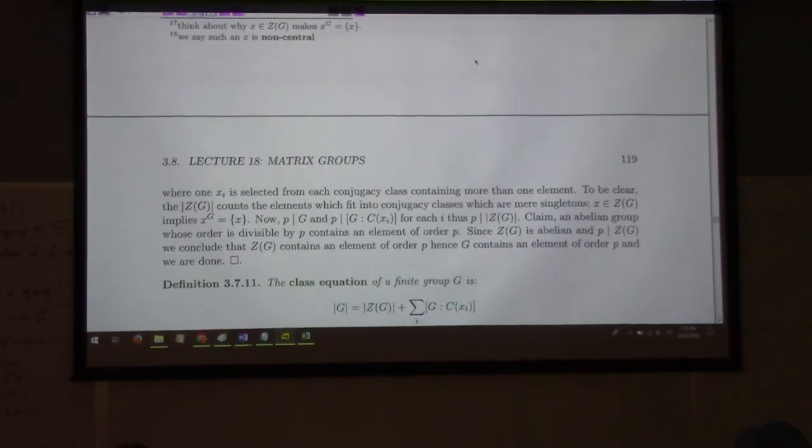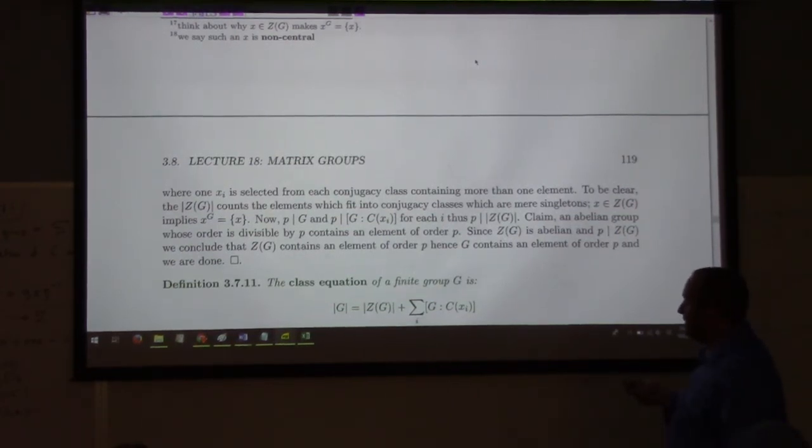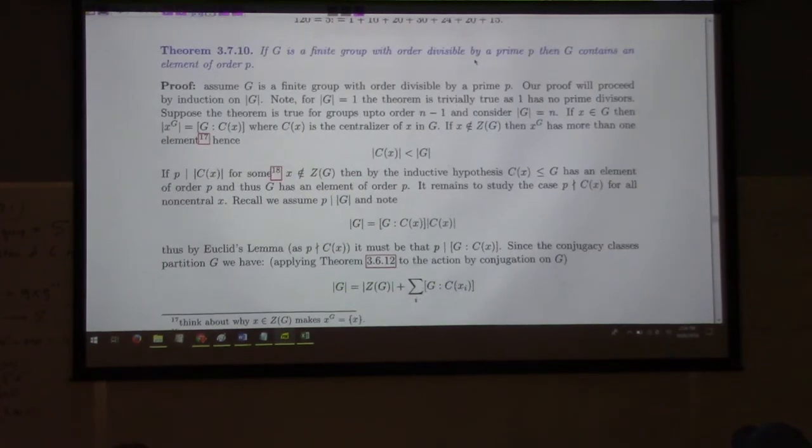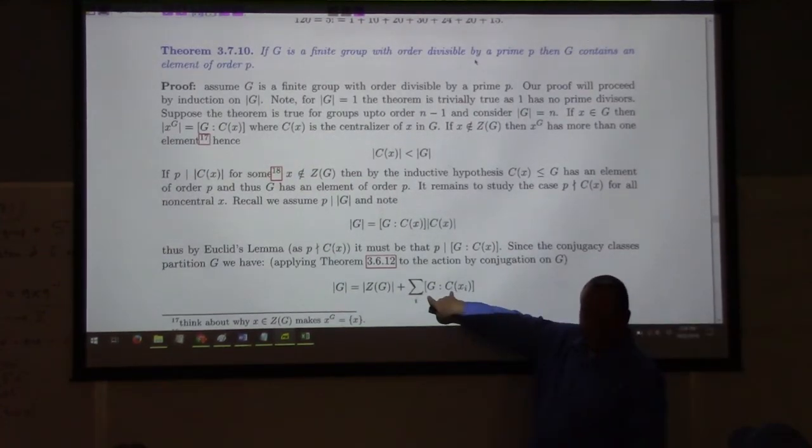Here I'm just saying what I just said again. So if you look at it, P divides the order of G and P divides this for each i, which means that P must divide the order of the center of G. Let me just go back again. Poor planning on my part. So what we've just argued is that everything in this sum is divisible by P, right?